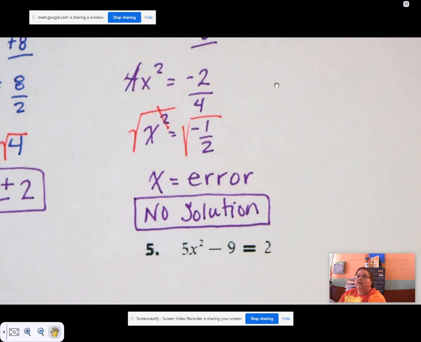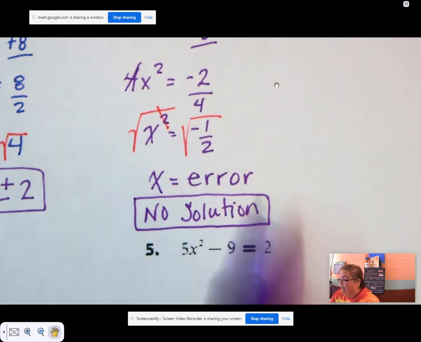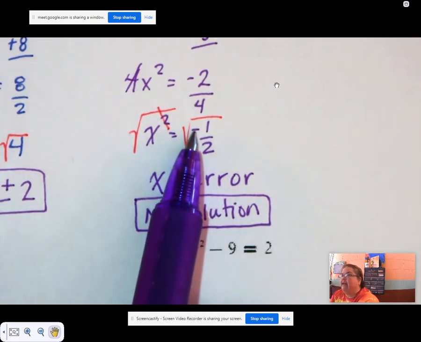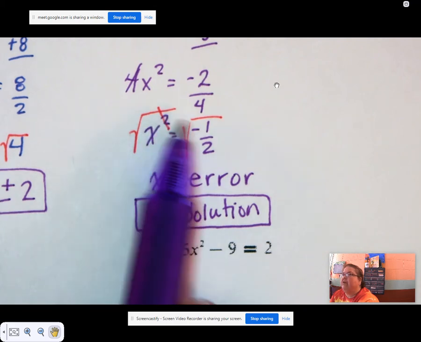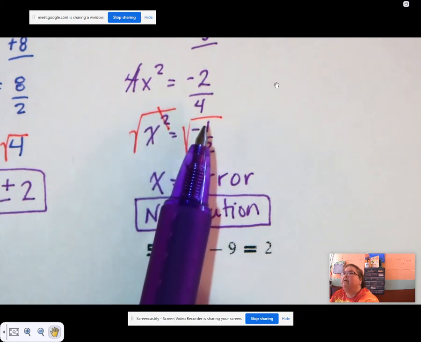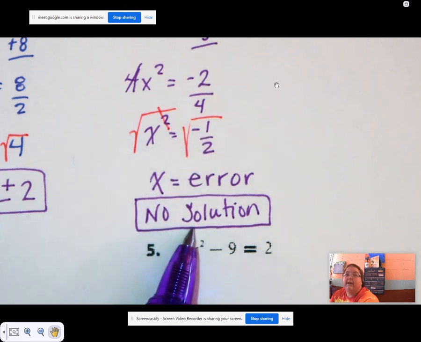Okay? There is no solution for Algebra 1. Questions? So if x squared equals a negative answer, it's no solution every single time. Okay?